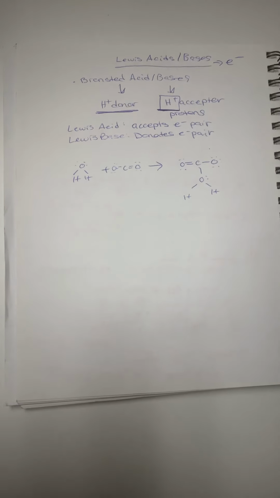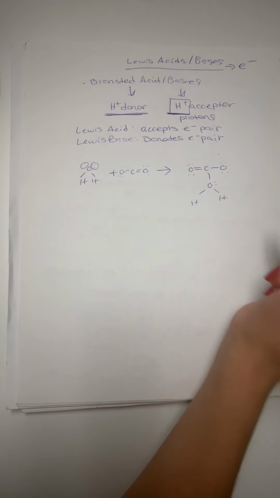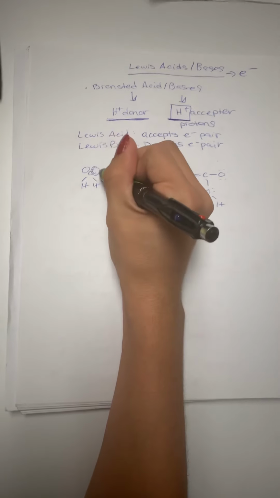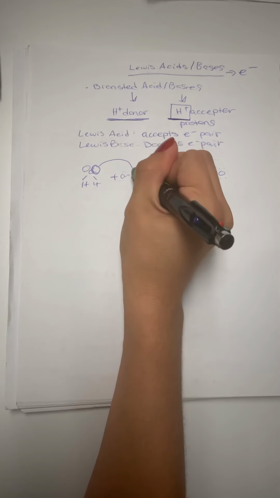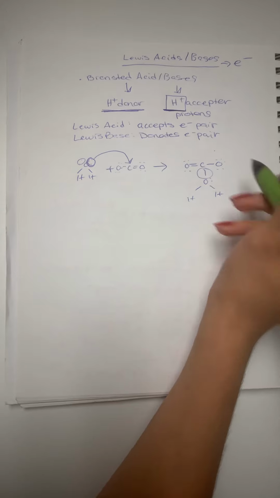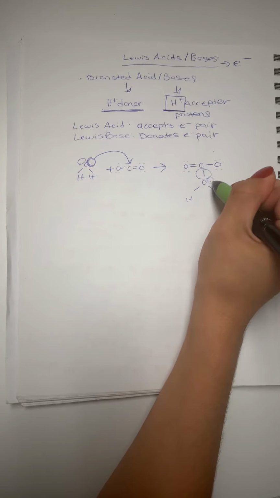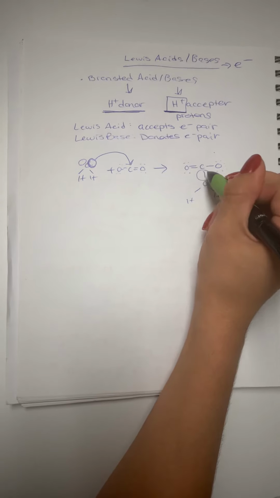And so what happened over here is that oxygen has these 2 lone pairs, right? So what it did is that it actually donated one of its electron pairs in order to connect to CO2, and that's how you get this little bridge. So as you can see, oxygen lost that electron pair in order to connect over here.